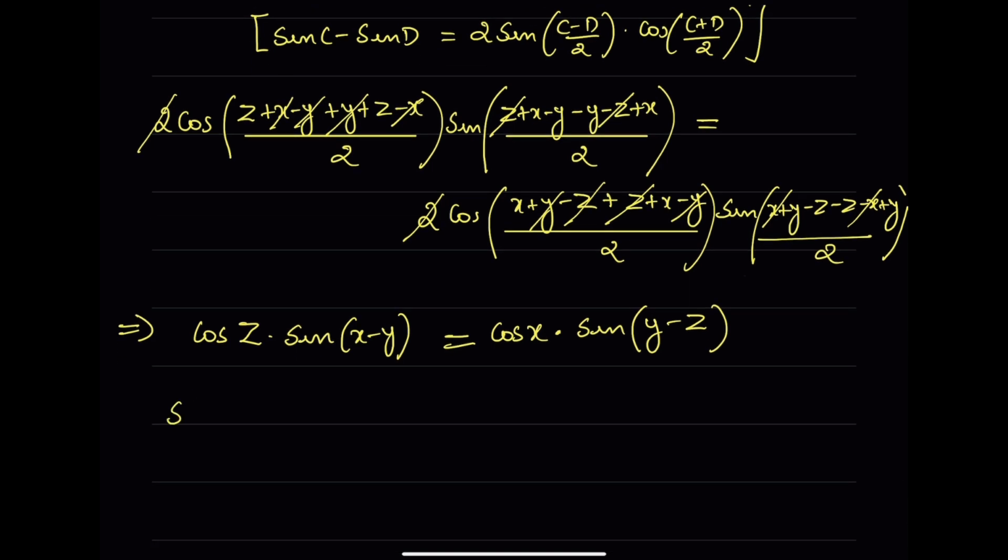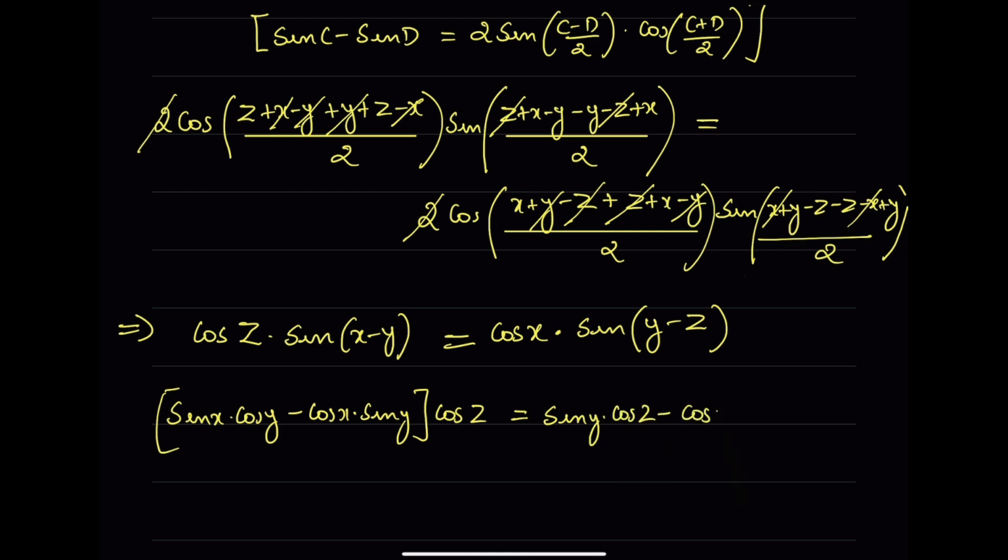So we have sin x cos y minus cos x sin y, this multiplied by cos z, is equal to sin y cos z minus cos y sin z, this multiplied by cos x.